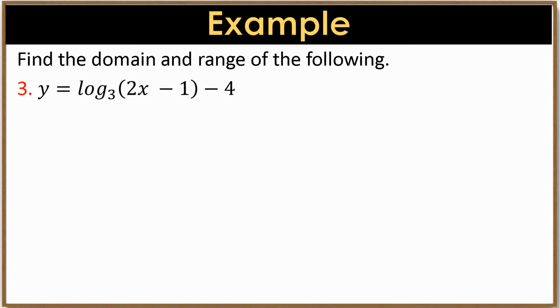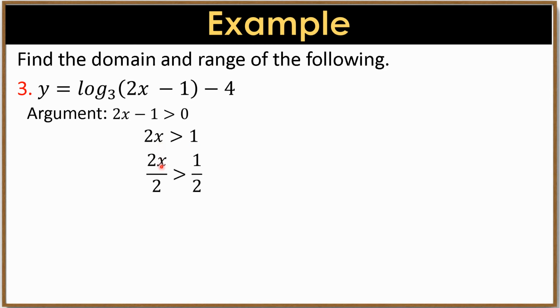Next, number 3. You have here logarithm of 2x minus 1 base 3, minus 4. So you have this one, 2x minus 1. The minus 4 is not included. Alright, 2x minus 1 is greater than 0. Applying the APE, from negative 1, it becomes positive 1. And then, divide both sides by 2. So 2 divided by 2 is equal to 1. And you have 1 over 2 here.